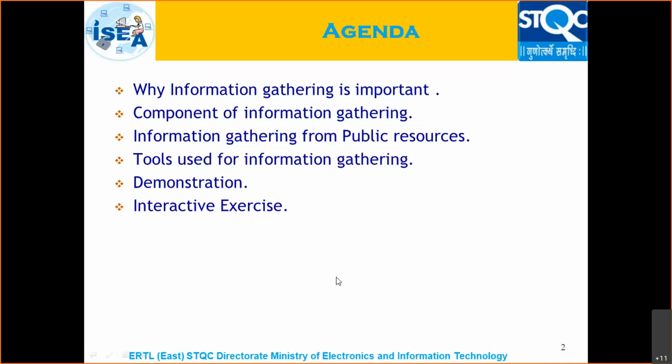So let us first try to understand what information actually is. Information is nothing but a collection of organized data. So information gathering is very simple: collecting some useful or organized data. It may be useful to me, it may be useful to a hacker or anybody. So how do we gather this information? Let us guess.